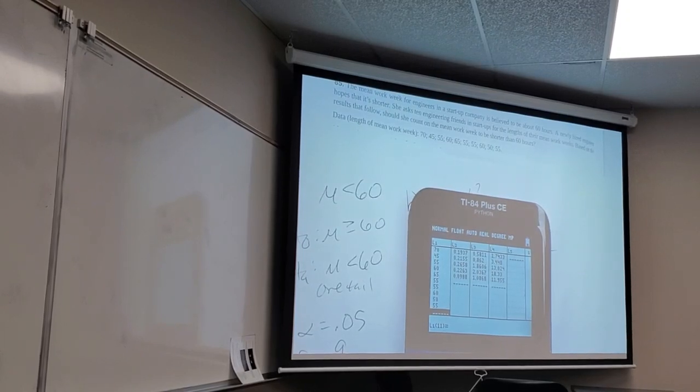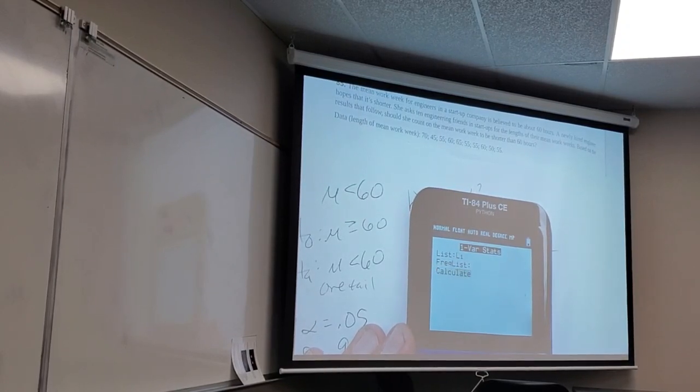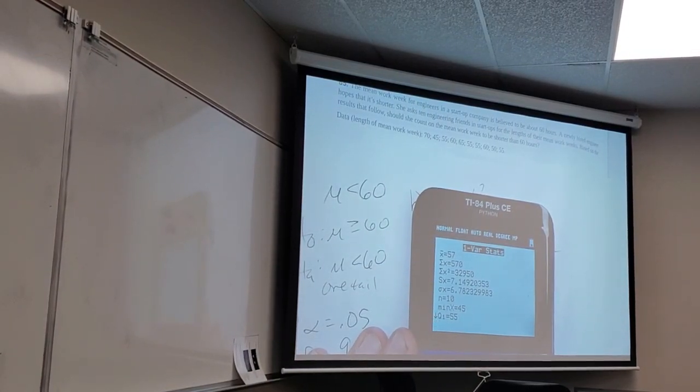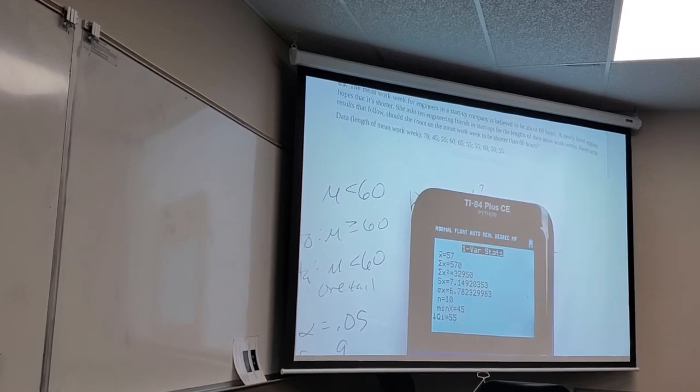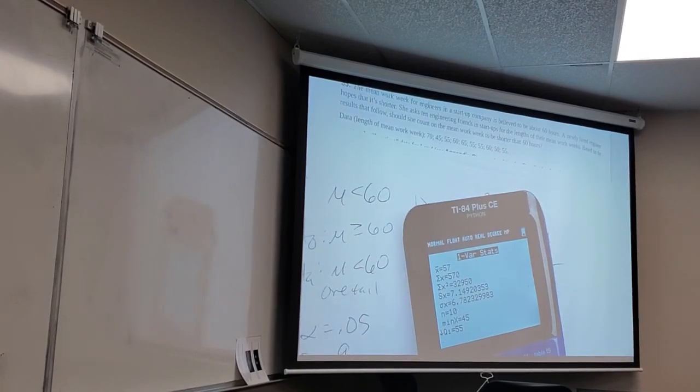Okay, cool. That's good. So either stat, calc, one of our stats, L1. See if we all get the same thing. I got that. Is that what you guys got? Oh, you're all like, yes.